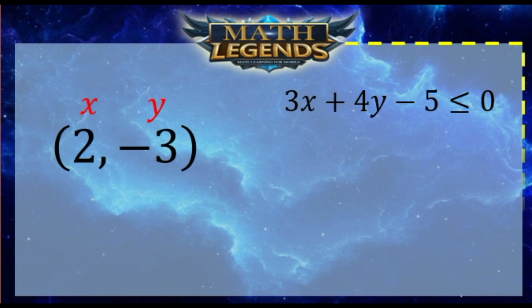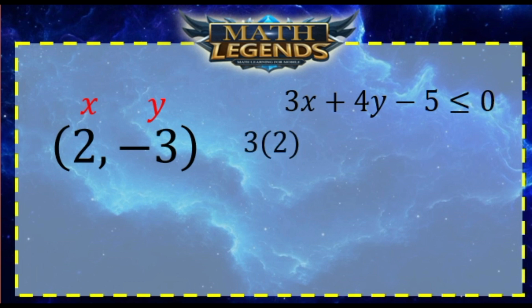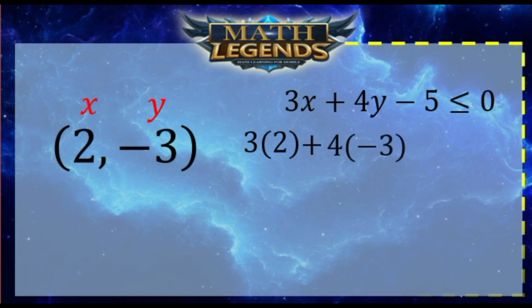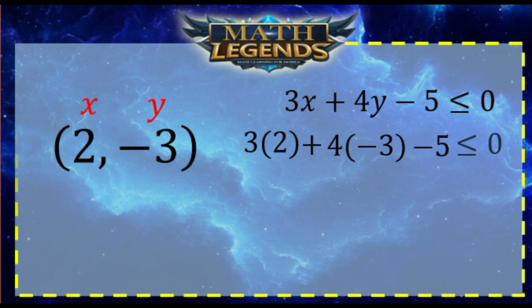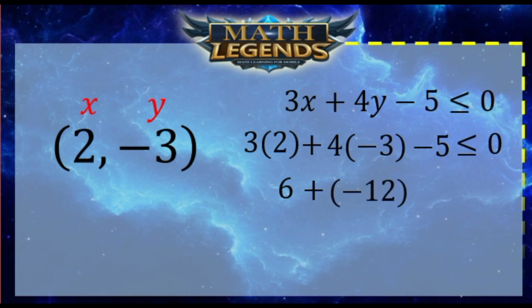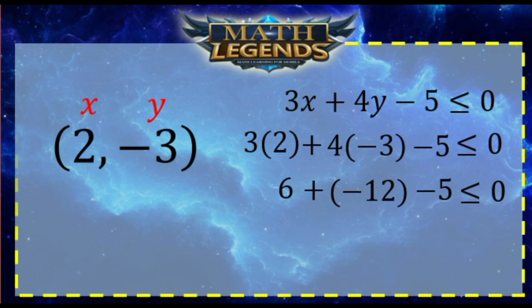So for the inequality, 3x becomes 3 times 2, plus 4y becomes 4 times negative 3, minus 5, less than or equal to 0. Now let us simplify. 3 times 2 is 6, plus 4 times negative 3 is negative 12, minus 5, less than or equal to 0.